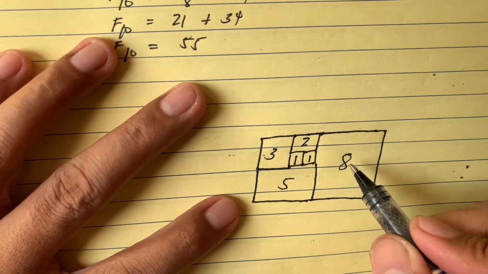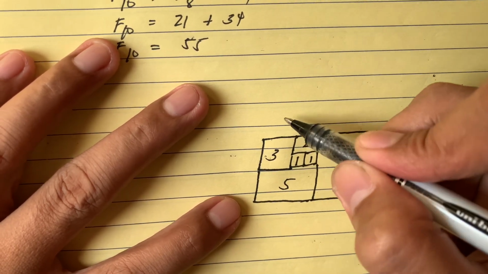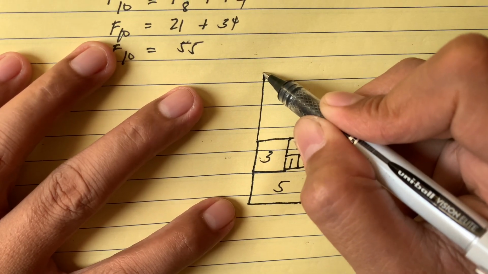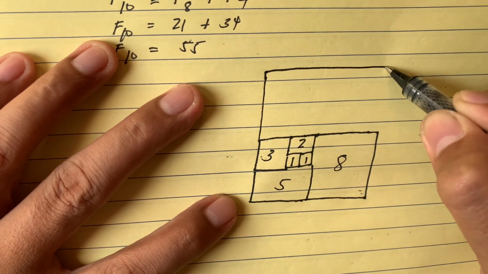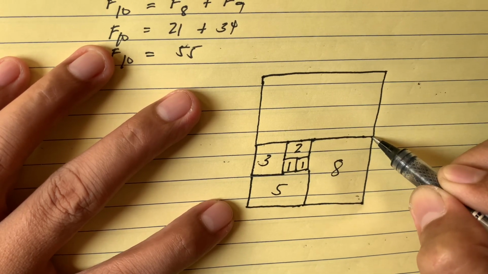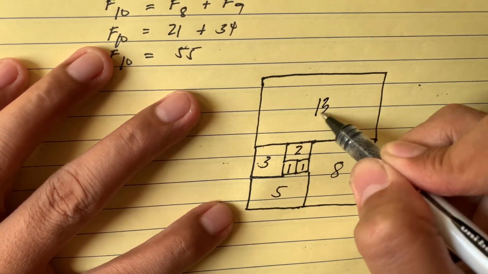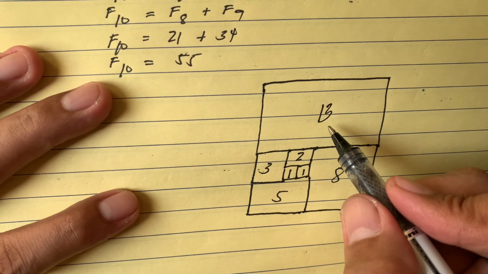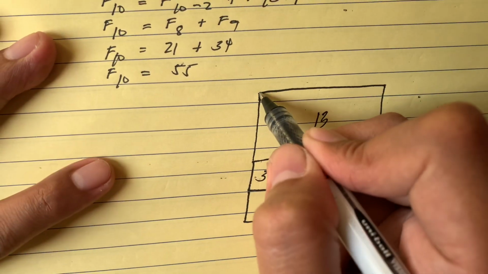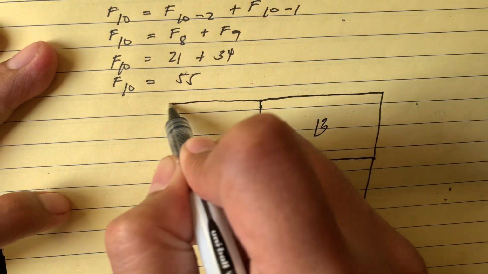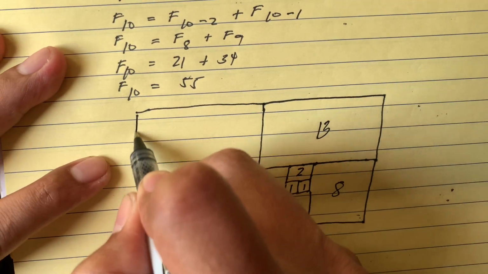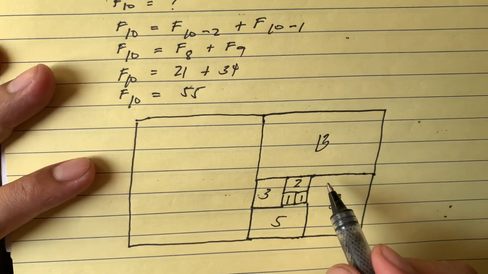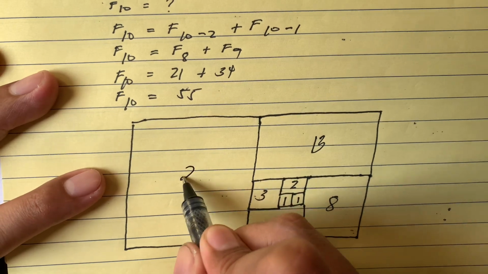From this 8, we will be getting another square which is bigger as compared to the previous squares. So here, we will be getting now 13, a square whose side or length is equal to 13. And another square, if we are going to draw here, this would become a square whose side or length will be equal to 21.